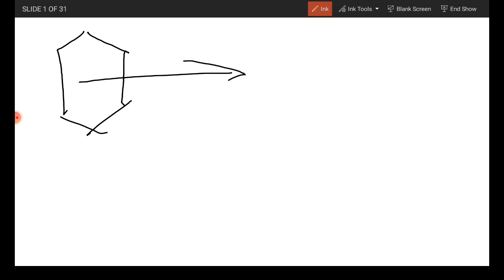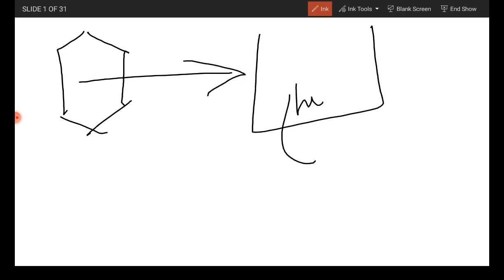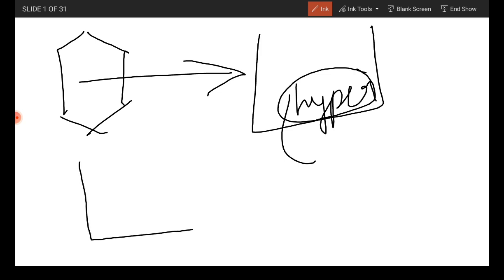Third case, we are going to see what happens when a plant cell is placed in a hypertonic solution. What is a hypertonic solution? The solution that has high solute content. The plant cell is placed in the hypertonic solution. Let's see.